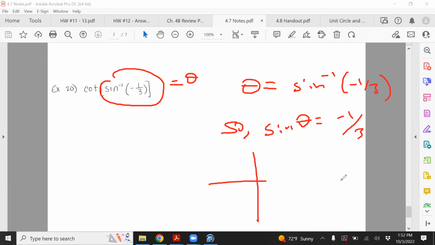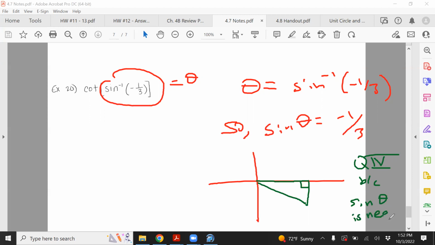So I'm going to actually draw a coordinate plane and put this in the 4th quadrant, because sine theta is negative. Where am I going to put the -1 and 3?